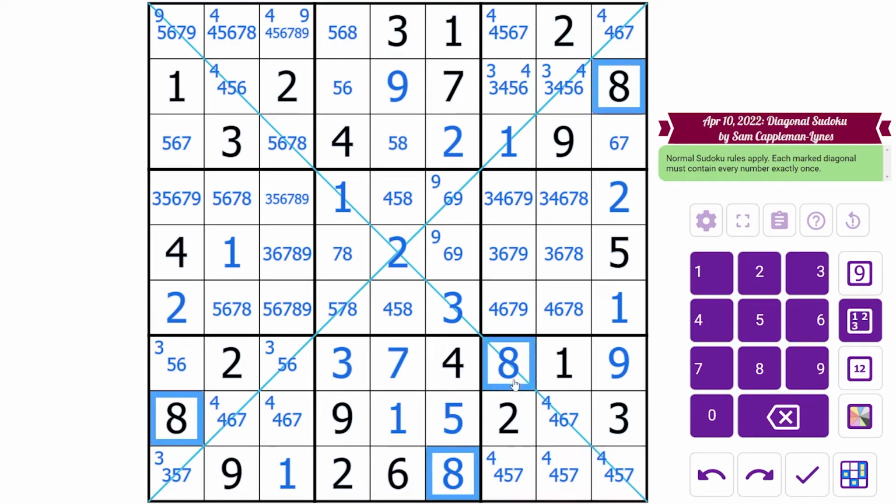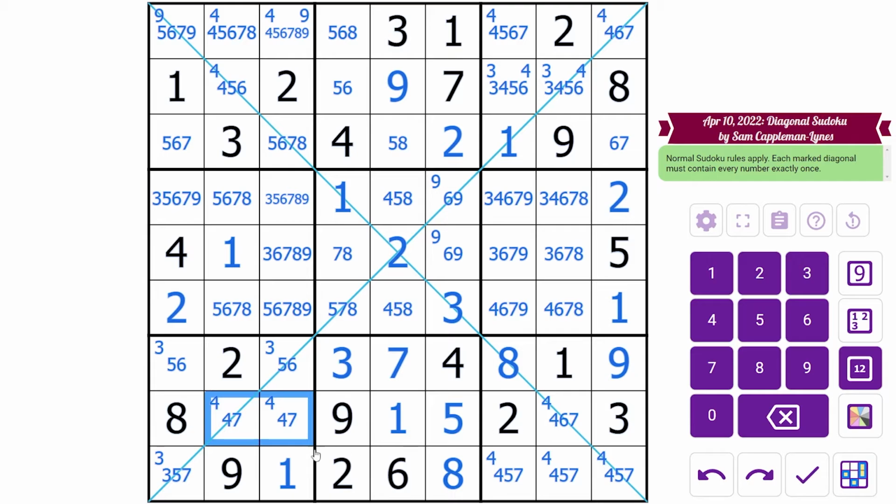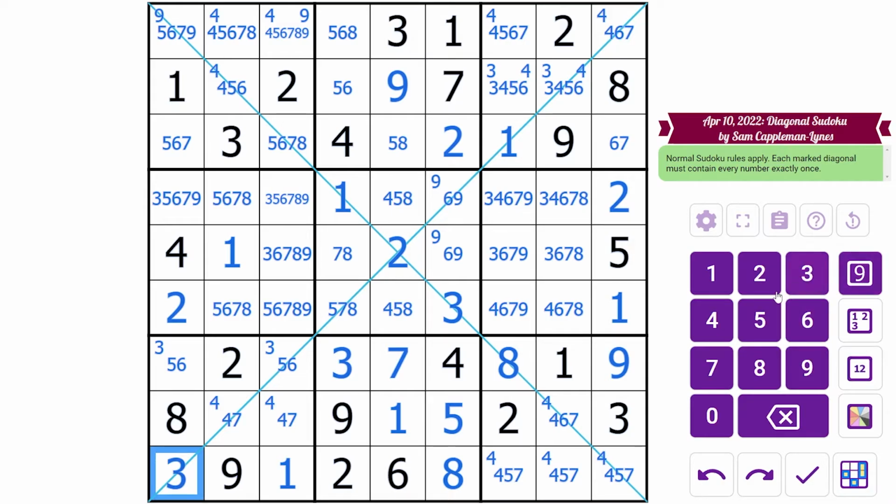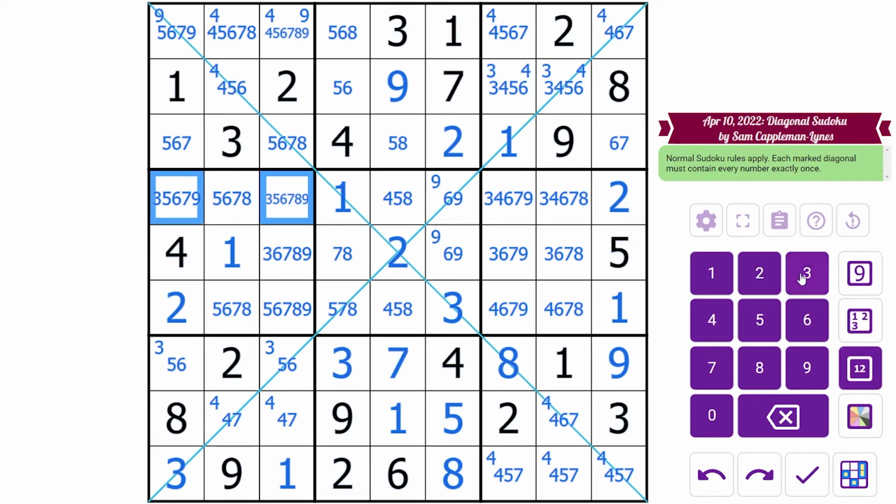And okay, so 5, 6 pair. So these are not 6. This is not 5. This is a 4, 7 pair. So that's not 7. That is 3. This cannot be a 3. Oh, hold on.